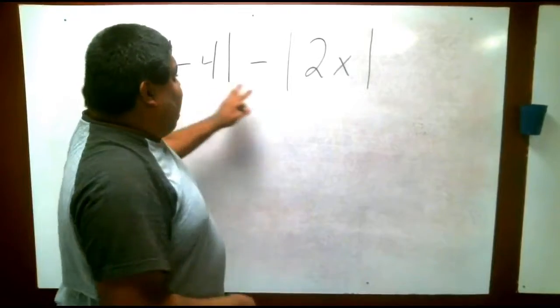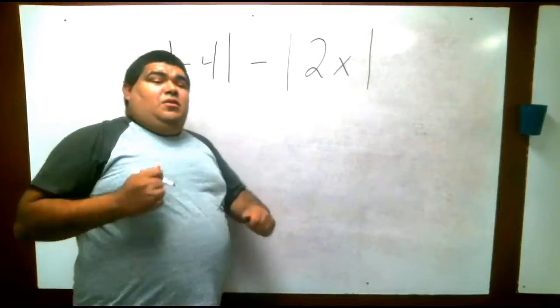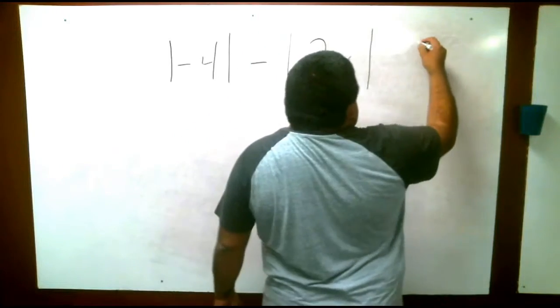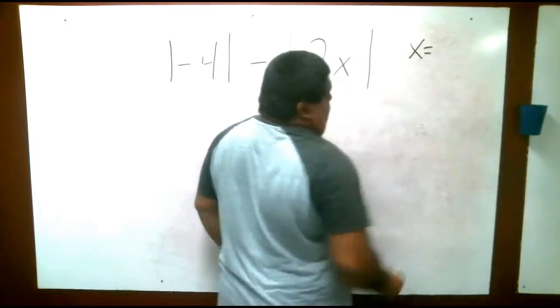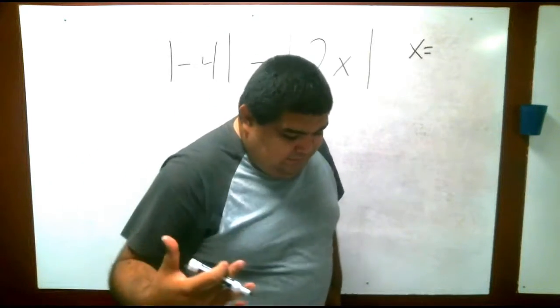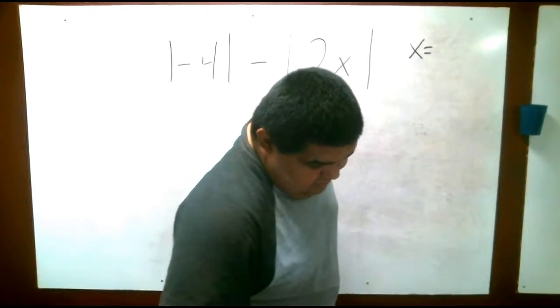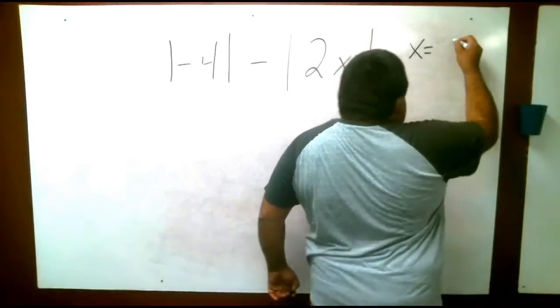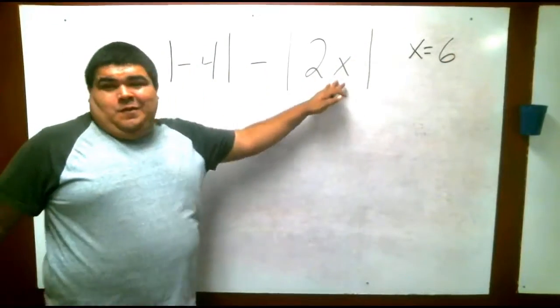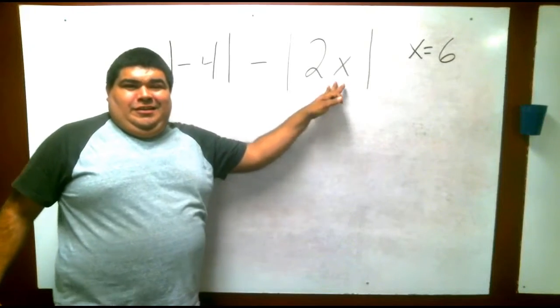Anyways, here's our example. It also tells us that x equals a number, okay? Makes it easy for us. Tells us that x equals 6, okay? Makes it a lot easier. All you have to do is plug it in, right?